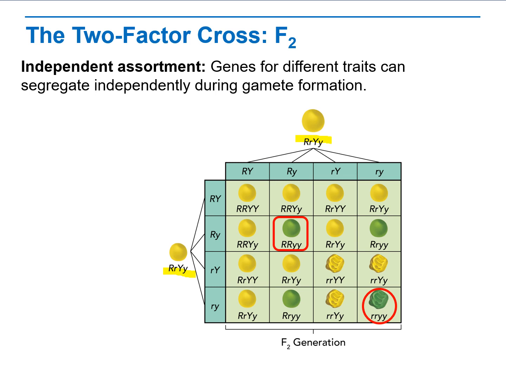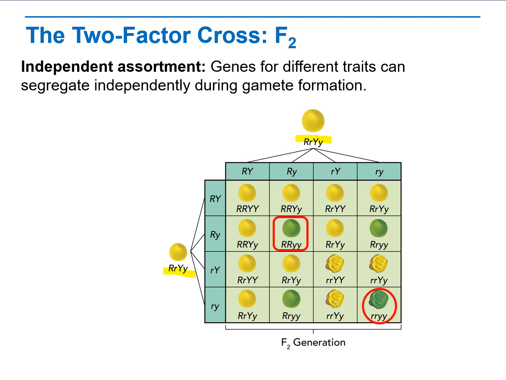In other words, if the dominant R and dominant Y alleles always stayed together, and the recessive r and recessive y alleles always stayed together. Well, in that case, you would get round yellow seeds and wrinkled green seeds. So he found that each of these traits sorted out independently.